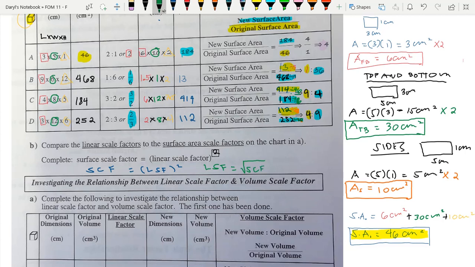Okay, so you can have these two relations based on this particular table. The surface area scale factor is just the square of the linear scale factor, but also it follows that the linear scale factor is equivalent to the square root of the surface area scale factor.